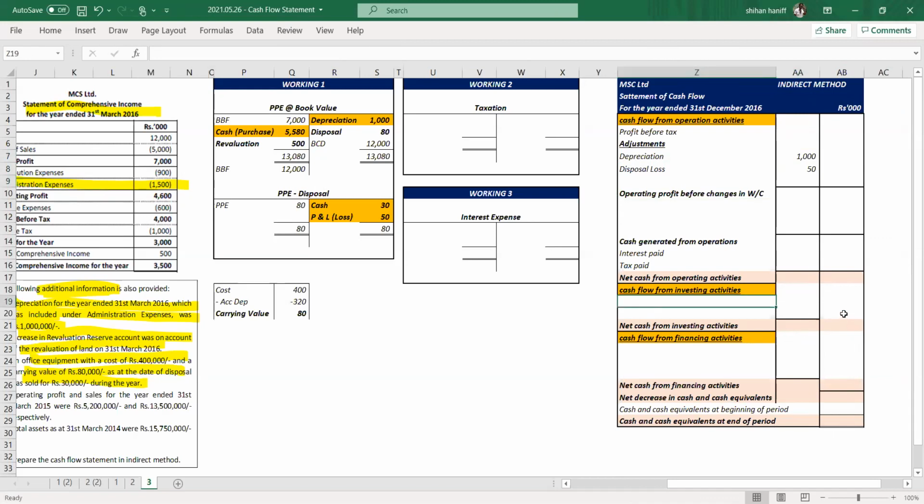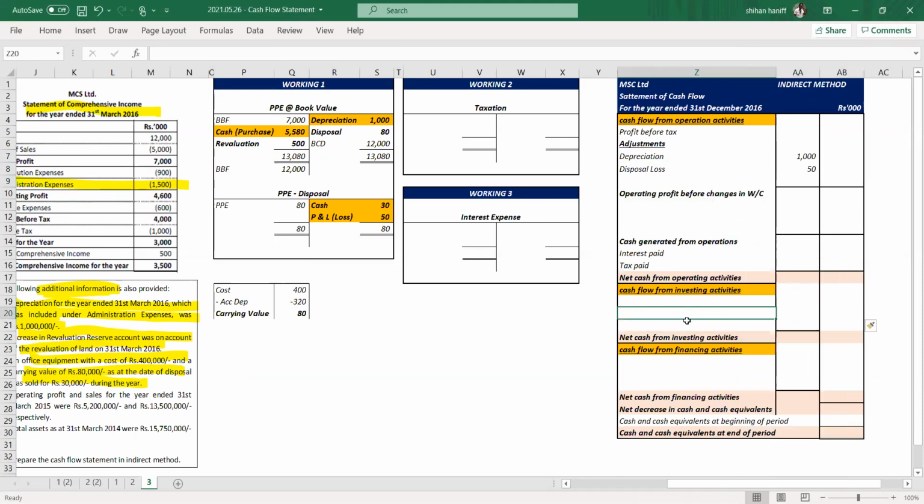Then investing cash flows. Purchase of PPE.